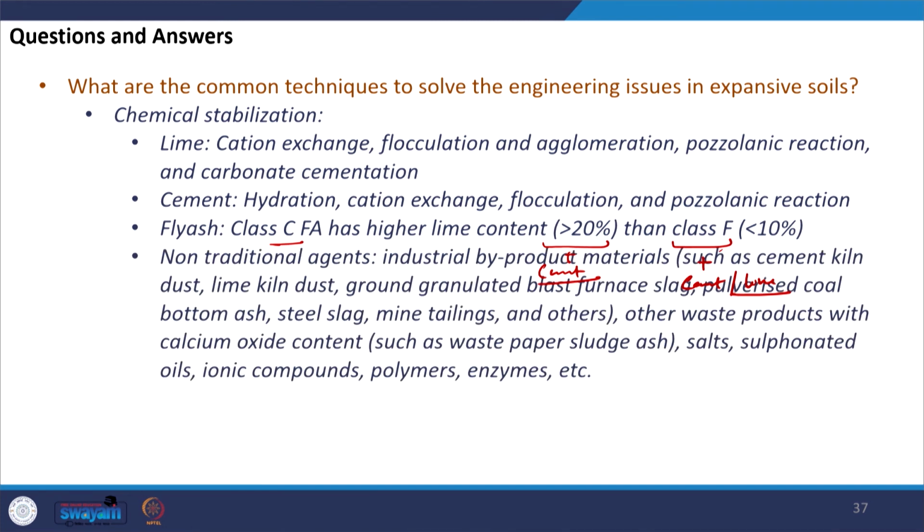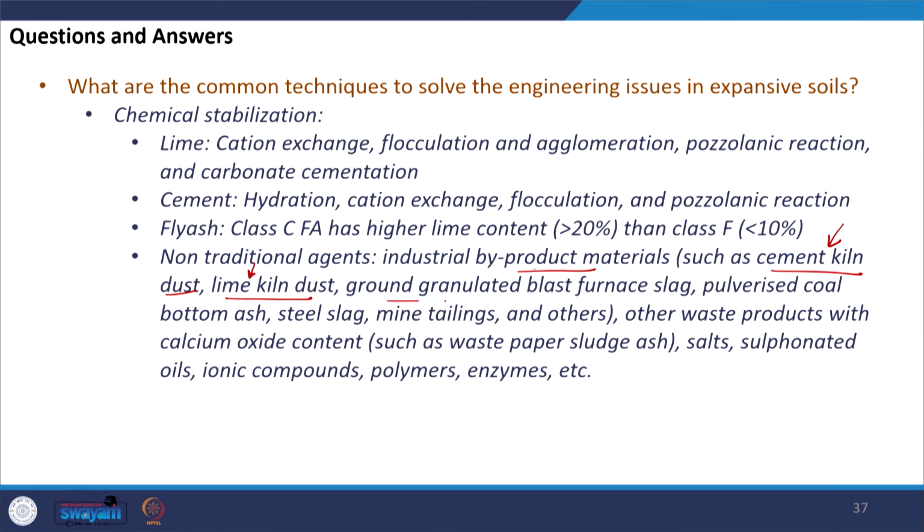Then in addition to these conventional products, we also have other non-traditional agents. It includes industrial byproducts, for example cement kiln dust. Now the process remains the same because you will have the ingredients of cement. Lime kiln dust, again the process remains the same.